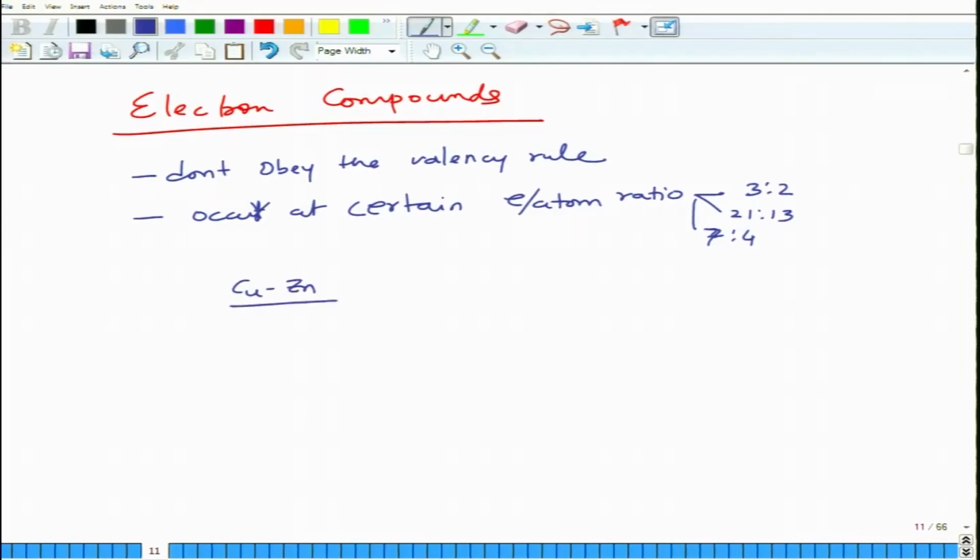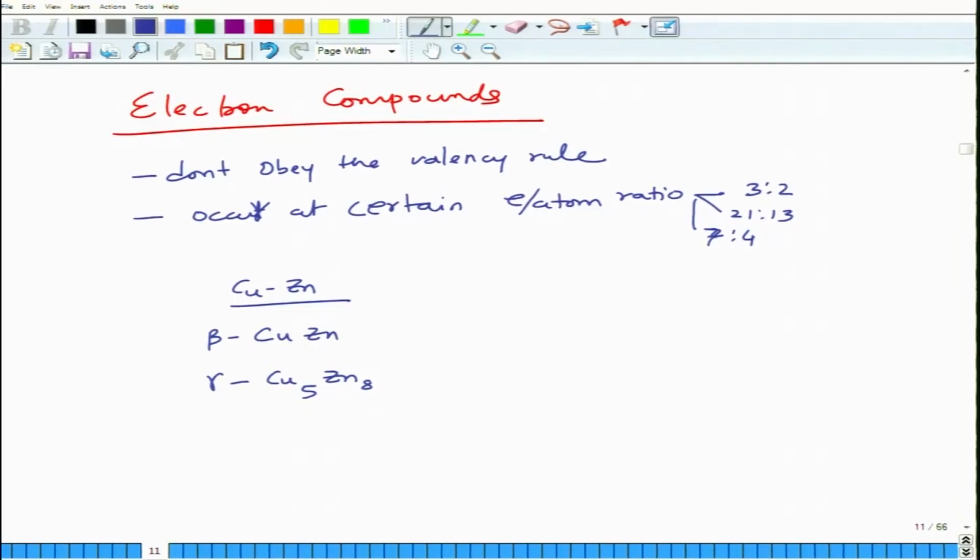For example, in CuZn there could be beta CuZn, gamma Cu5Zn8, sorry, not Cu3Zn2, this is CuZn, because copper has 1 valence and zinc has 2 valence.